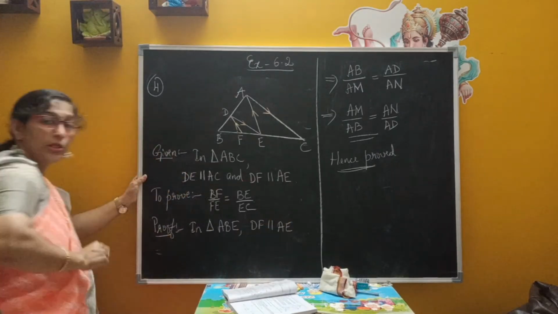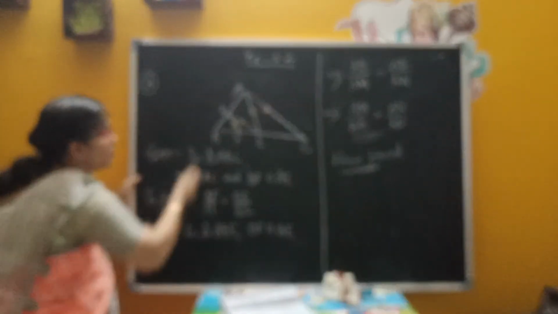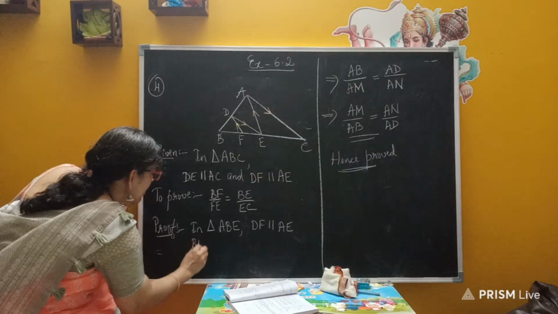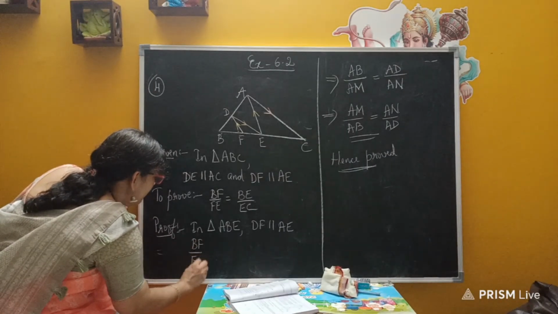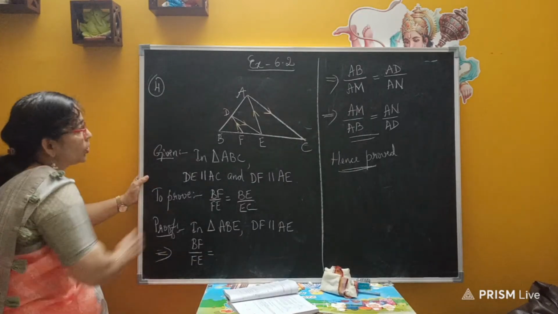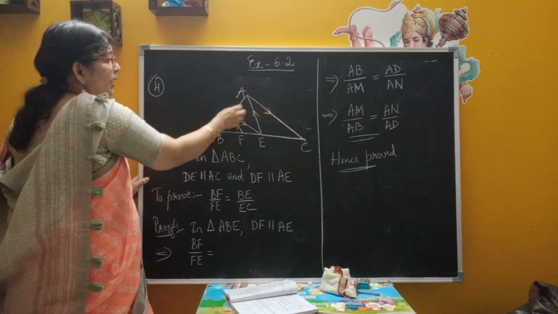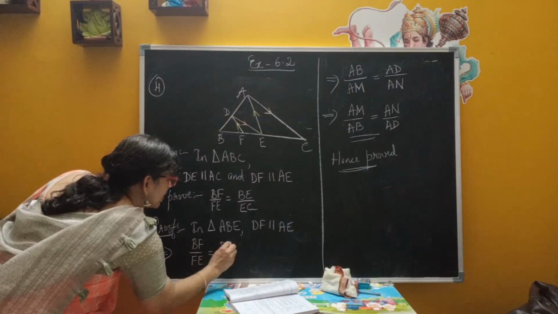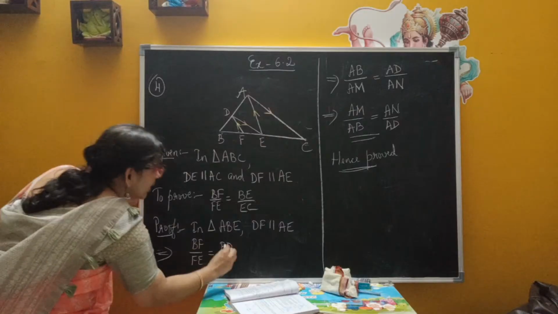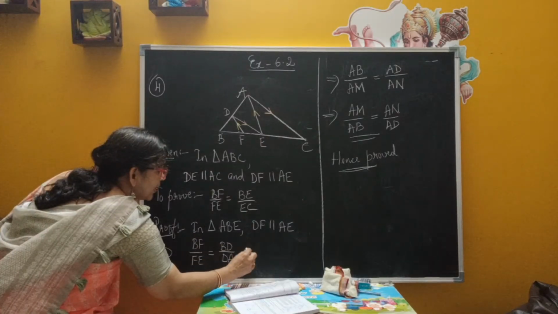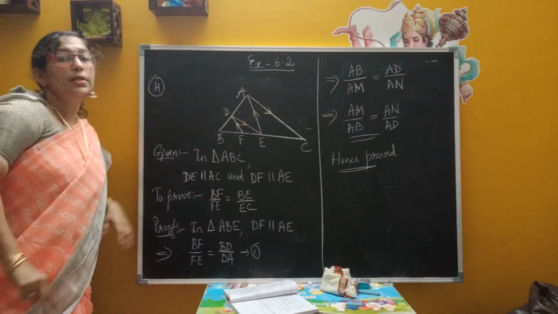So how do you write the ratios of these sides? It is BF by FE is equal to, which is the other side? BD and AD or DA. BD by DA. This is one side. Let us consider this as equation 1.